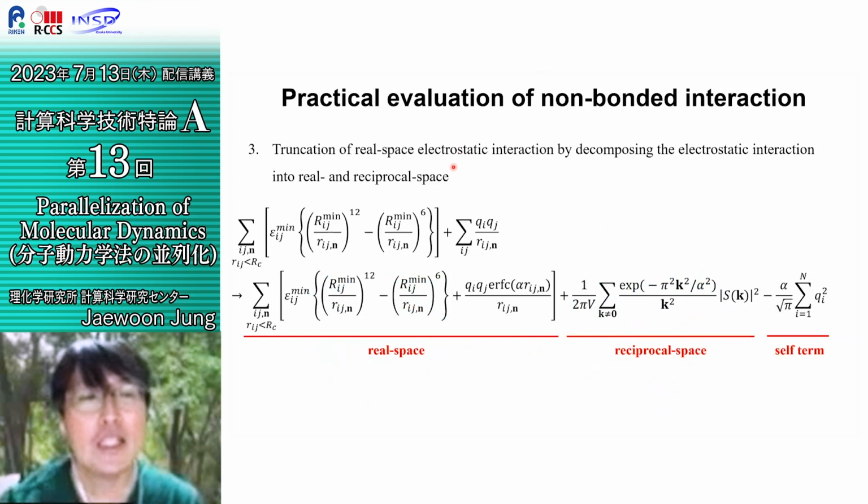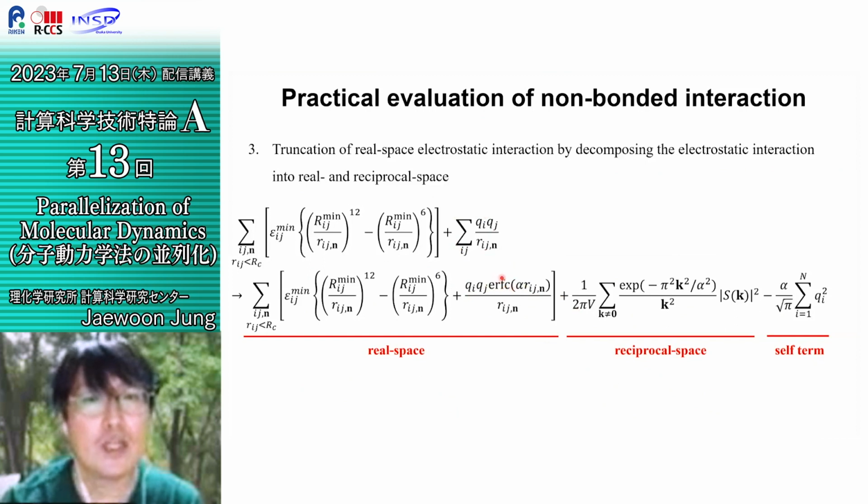So in the case of electrostatic interaction, we usually decompose the interaction into real and reciprocal space. The real space term can be evaluated in this way, by making use of the complementary error function.